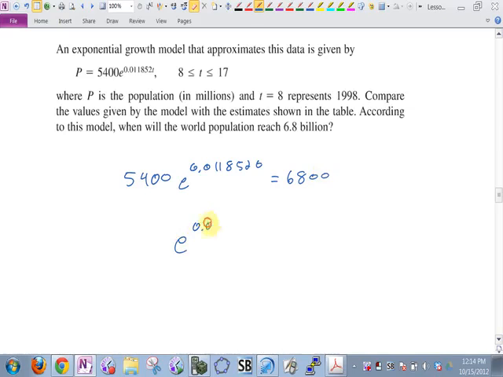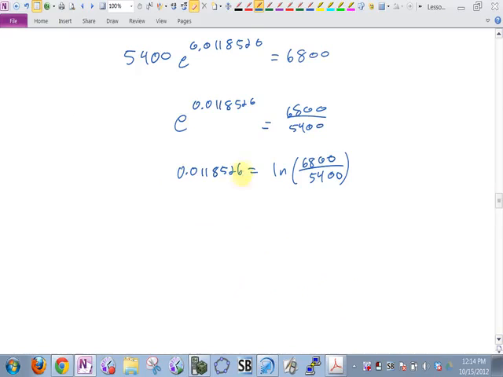First, we divide. So we have 6,800 divided by 5,400. And then do what? Natural log, so 0.011852t equals the natural log of 6,800 over 5,400. And then what's the last step? I keep forgetting my t. Divide.